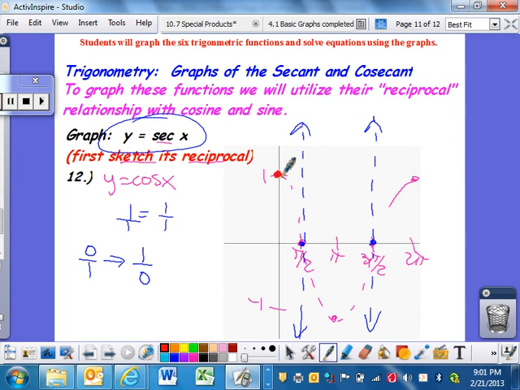So we share this point, but this other point is going to flip. So let's say wherever it's at 1/2, it's going to flip to 2 over 1. So instead of being here, it's going to go up here. And it's going to take a shape and get close to your asymptote, but never reach it.